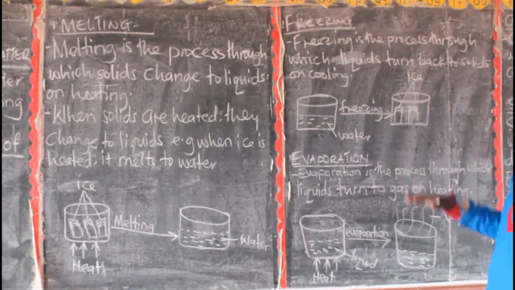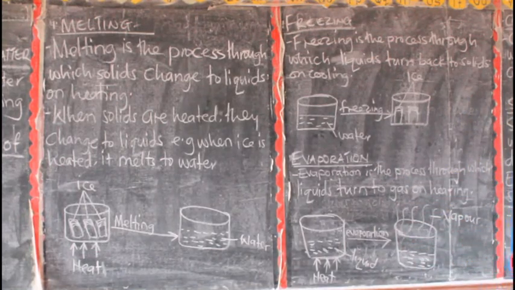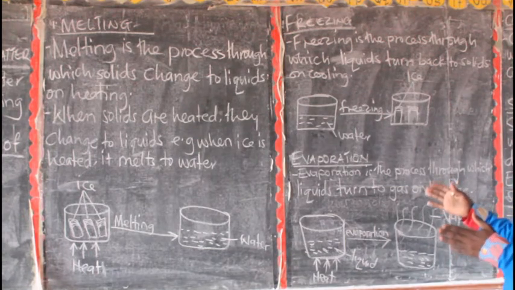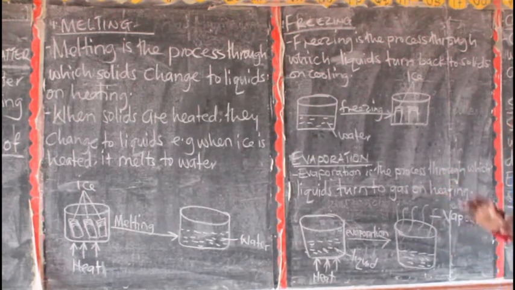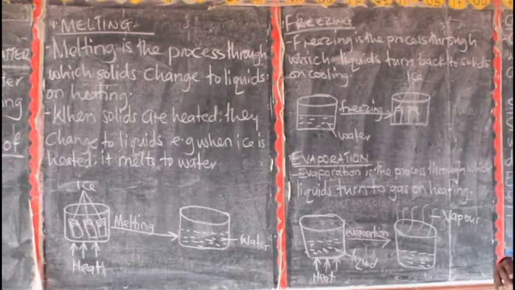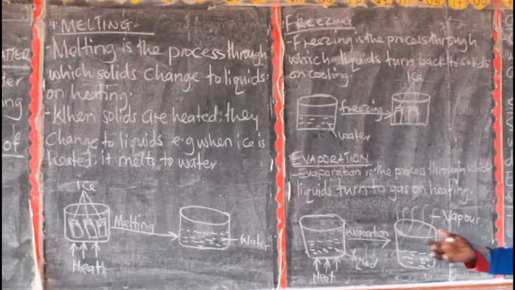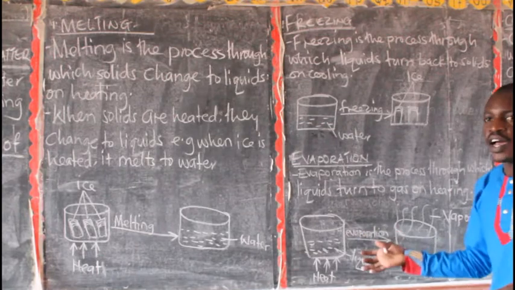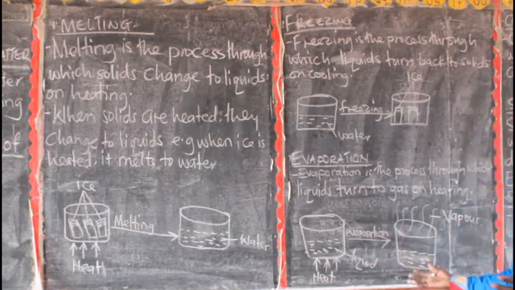Then we have another change called evaporation. Evaporation is the process through which liquids turn to gas on heating. All of us have ever seen boiling water. When you boil the water, you find that water vapor keeps on evaporating from this water which is boiling.